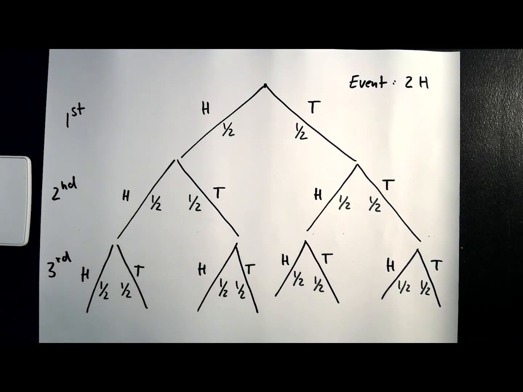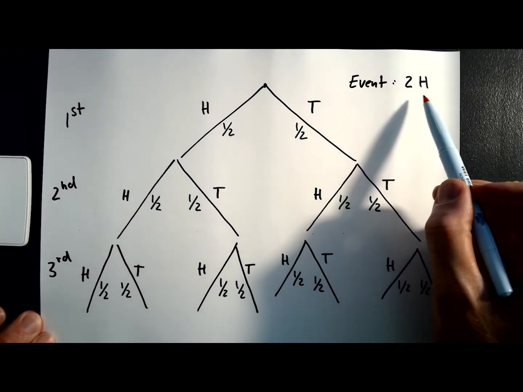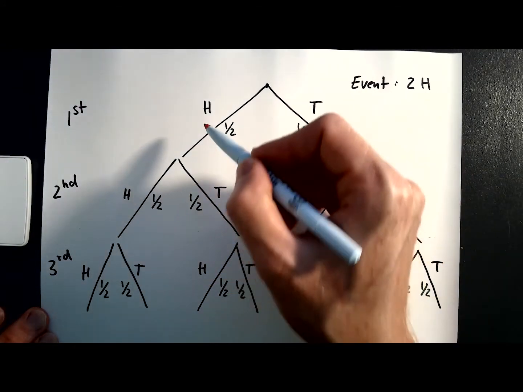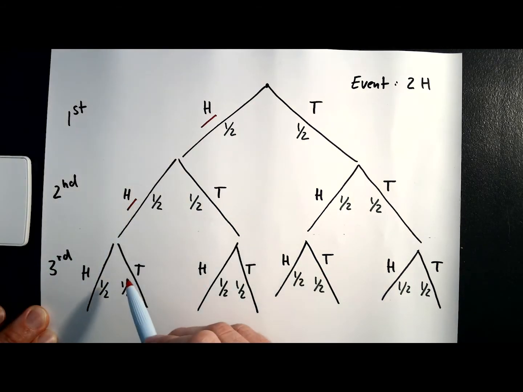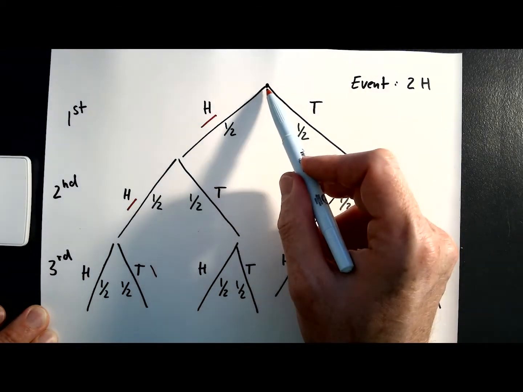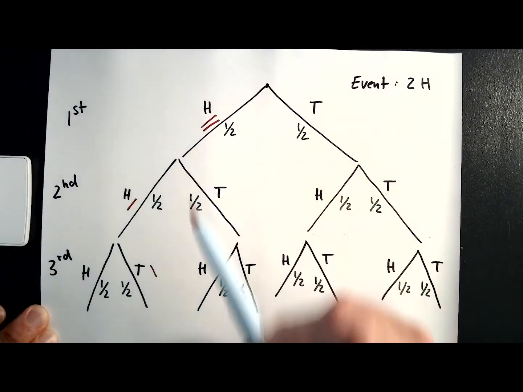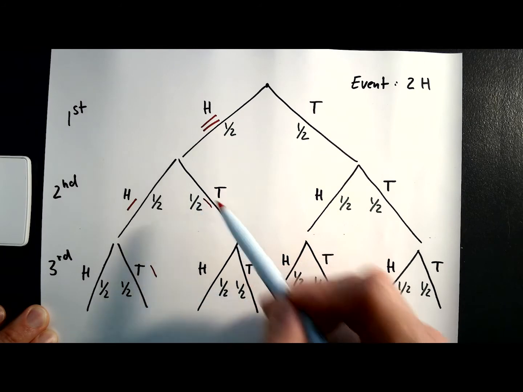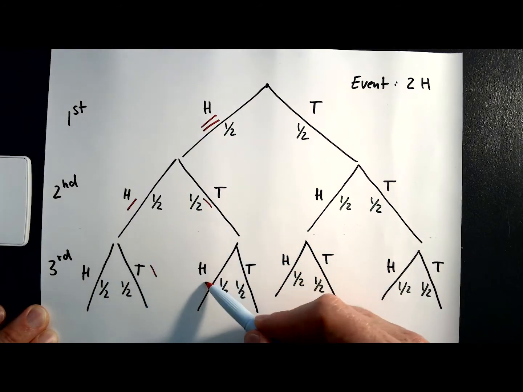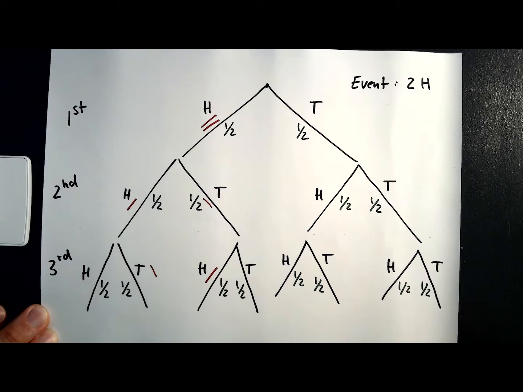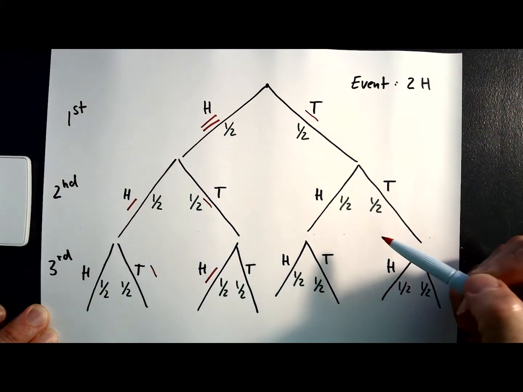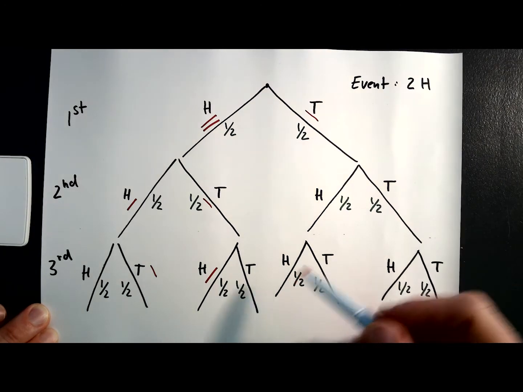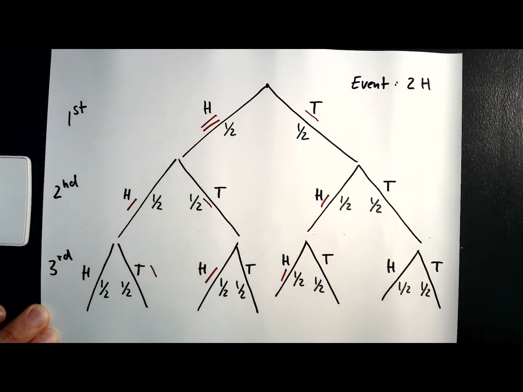So we can see that to obtain heads twice, you either obtain it first flip and the second flip, and then you are obtaining tails in the last flip, or you're getting heads in the first flip, tails in the second flip, and then heads again in the last flip, or if you are obtaining tails in the first flip, then you have to obtain heads in the last 2 flips.